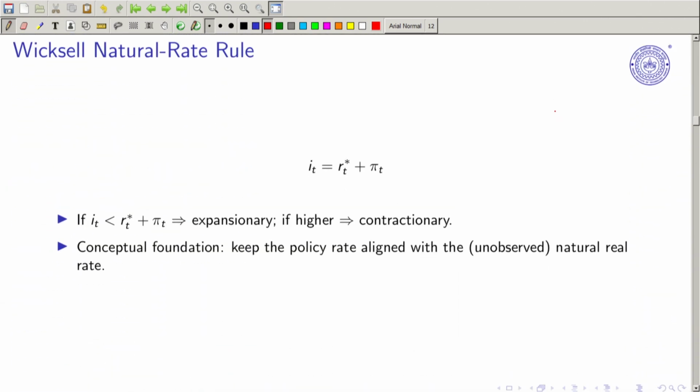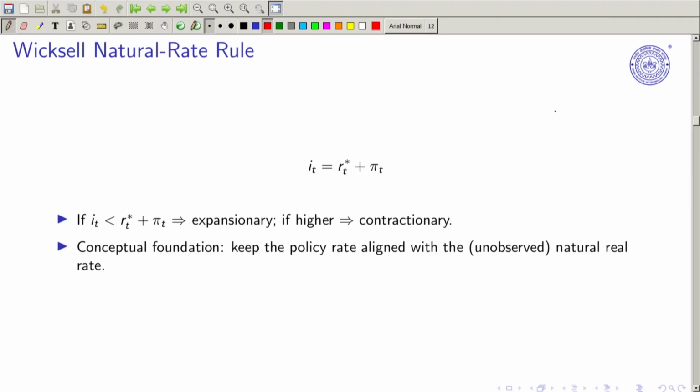Then Wicksell, who is called the father of the interest rate theory that we read in most textbooks of macro, was a big supporter of an interest rate based economy, and he suggested that the interest rate is nothing but the reward for holding money. He was one of the strong supporters, as Friedman was the major supporter of the monetary idea.